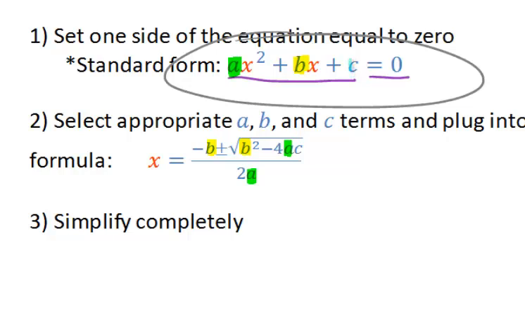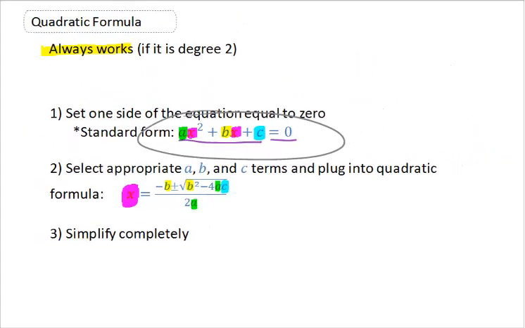Last but not least, wherever our constant term is, we plug it in for our c places. Now notice our variable in this problem is an x, so that's why we have this as x equals. If our variable changes, then we need to make sure to change that variable over here as well.